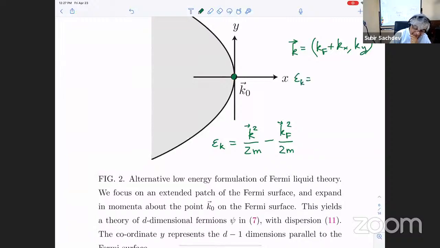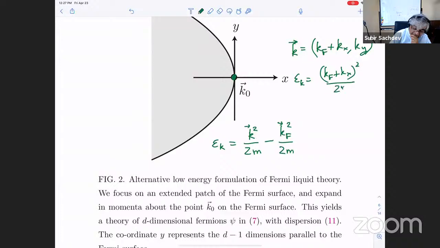I get Ek is (kf plus kx) squared over 2m plus ky squared over 2m minus kf squared over 2m. And that, if I keep only the leading term in each direction, I'm going to get kf over m times kx plus ky squared over 2m.